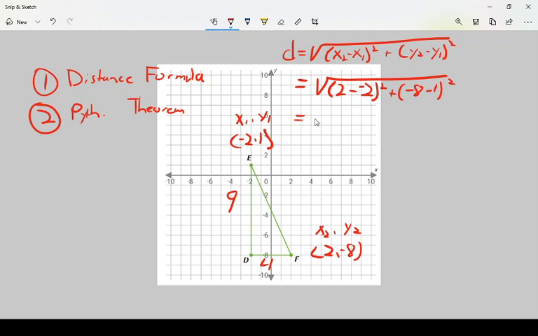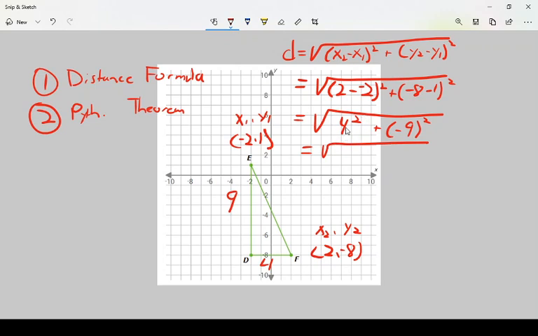And now let's go ahead and simplify everything down. 2 minus a -2 just cancels out to 2 plus 2, right, which is 4, all squared, plus -8 minus 1. Two negatives, you combine them, and it just creates a larger negative. So that's just -9, all squared.